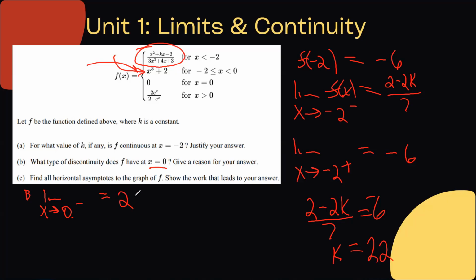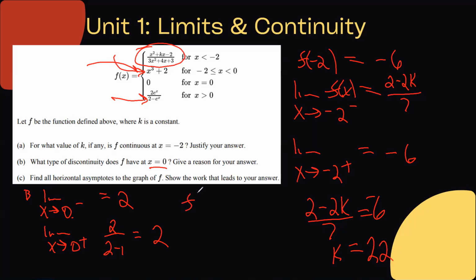And the limit as x approaches 0 from the right, values greater than 0, we're going to use this last piece here. If you plug 0 into that, you would have 2 over 2 minus 1, which is 2 over 1, which is 2. The left and right limits are both 2, so that means that the overall limit as x approaches 0 is 2.